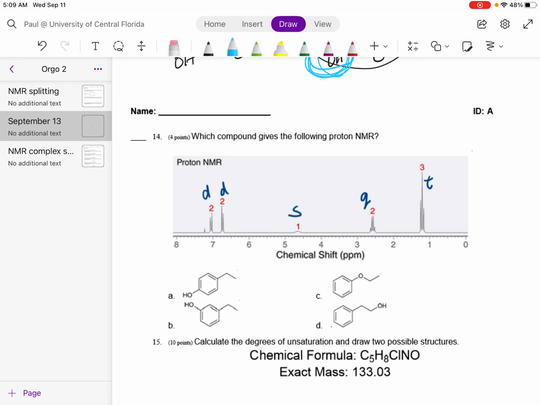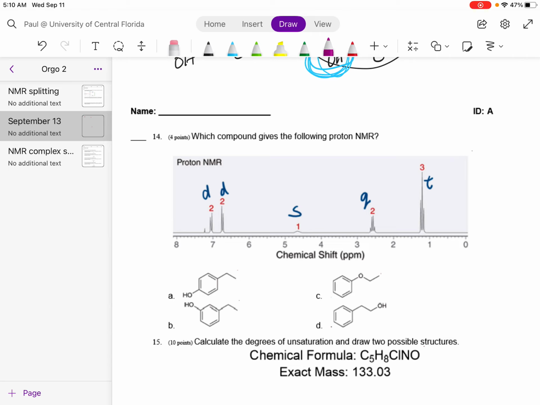Which compound gives the following proton NMR? So I've spelled it out for you, showed you the integration and the splitting pattern. So now we just look at the answer choices and make sure that it all matches up.